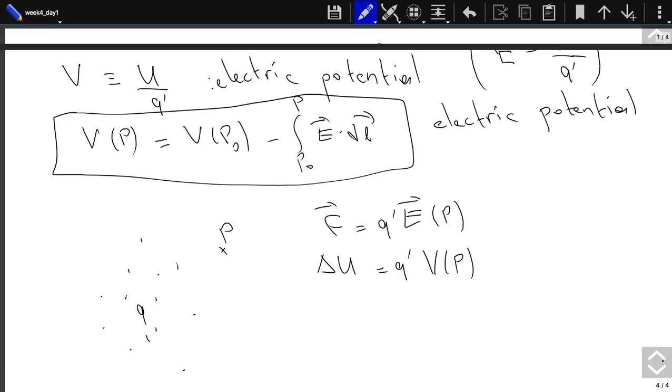Why does it do so? Well, let's see. The potential energy, as it goes from here to here, we said that the potential energy should get lower. But the change in the potential energy is, well, remember how we defined it. U is equal to V times Q prime.